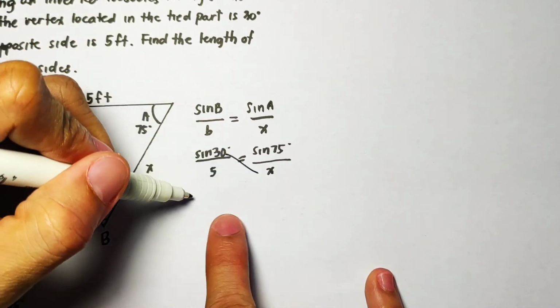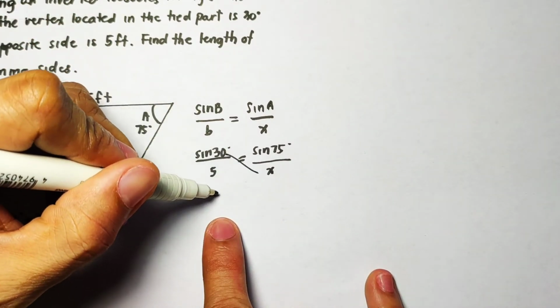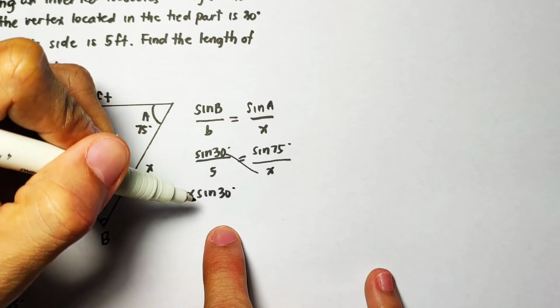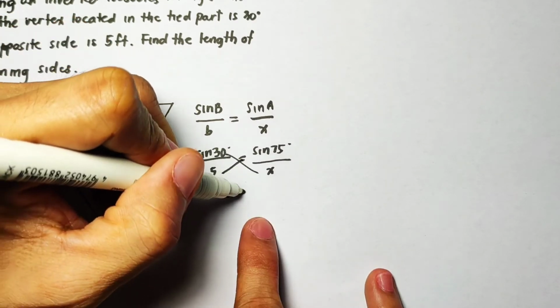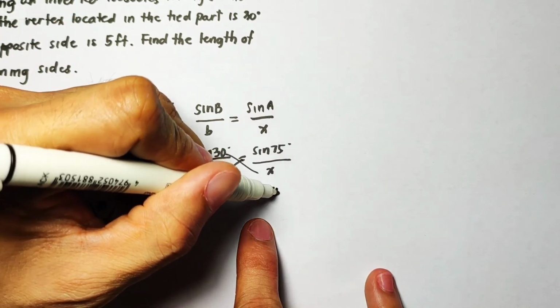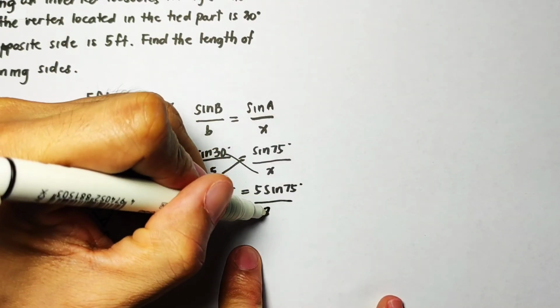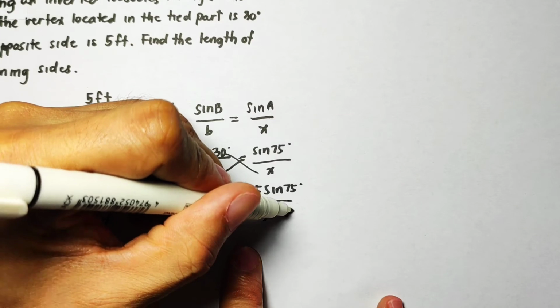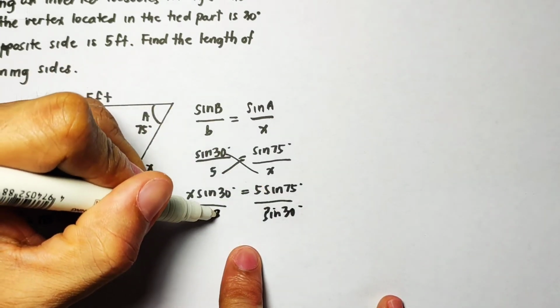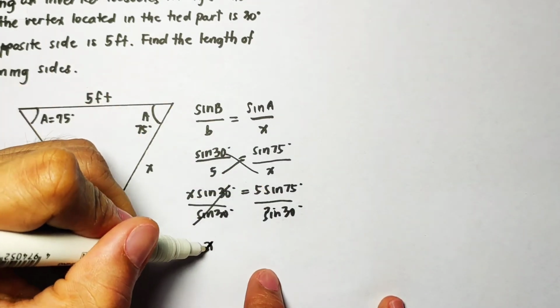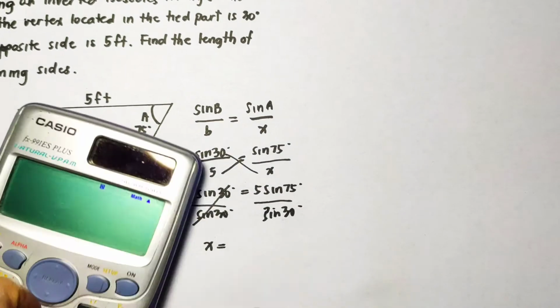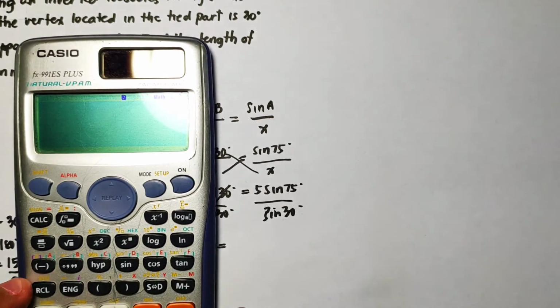So solving for this, we will get X sine of 30 degrees equals 5 times sine of 75 degrees. Now divide both sides by sine 30 degrees. Sine 30 degrees will be cancelled out and X will be equal to, let's use our calculator.